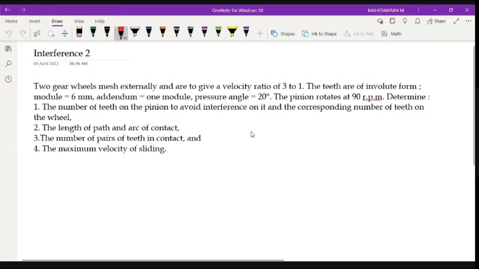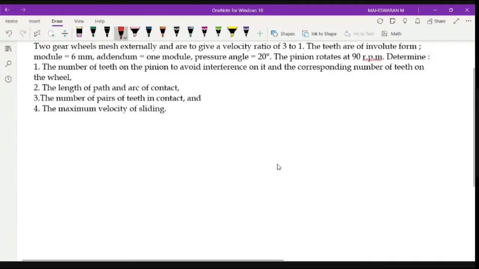So what are the given data? Let me write down the given data. Omega 1 by omega 2 is equal to 3 by 1, the velocity ratio.